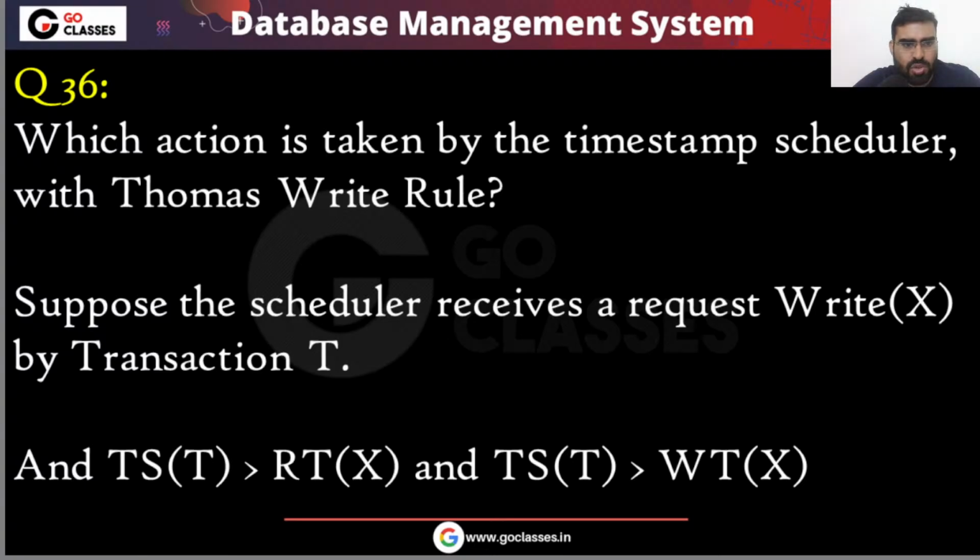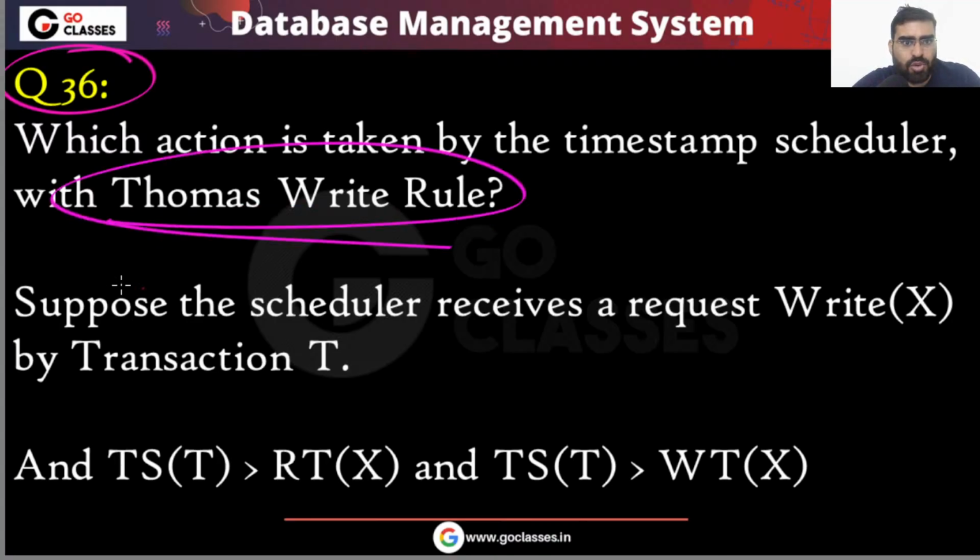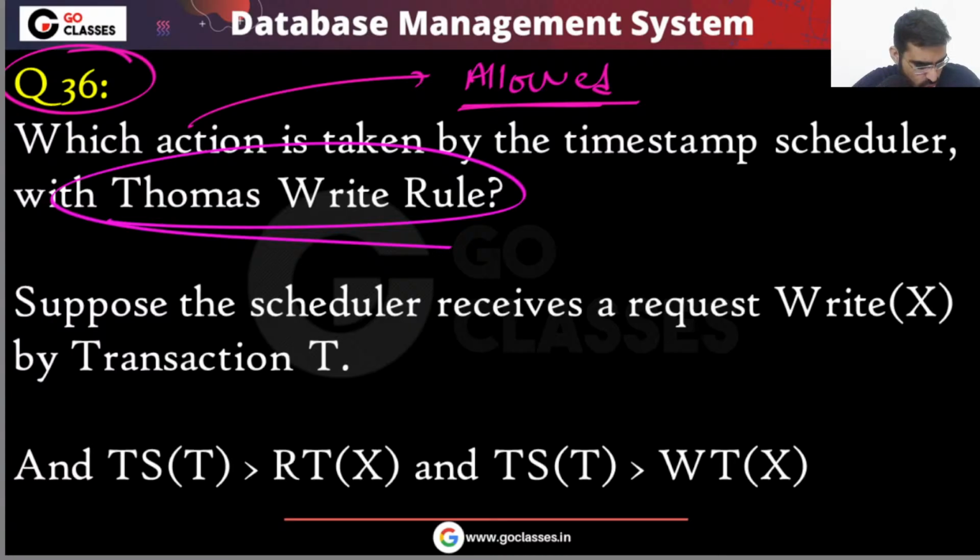What about this question? Question number 36. Now the same question with Thomas Write rule. Again, this will be allowed, because if it is allowed by TSP, it will be allowed by Thomas Write rule. Yes or no?